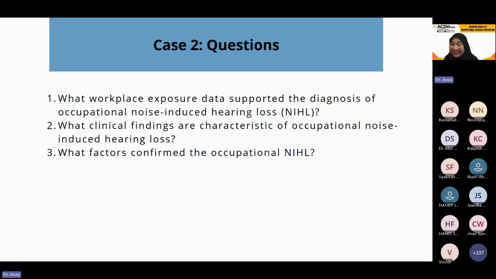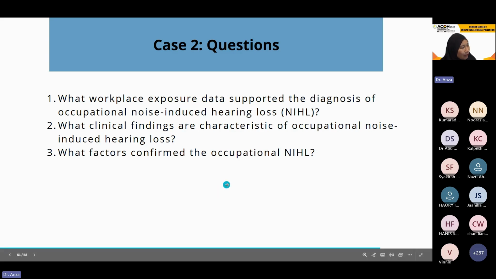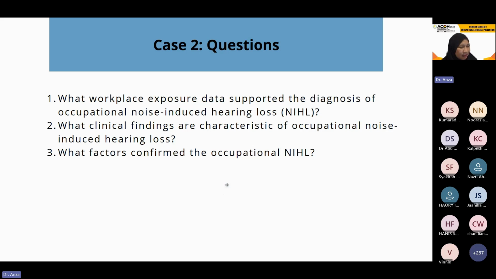Yes, Dr. Nadia, sensorineural hearing loss. Excellent. So sensorineural hearing loss with notch or dip at 4 to 6 kHz and improvement at 8. Excellent.